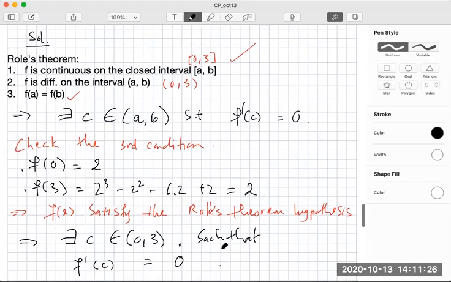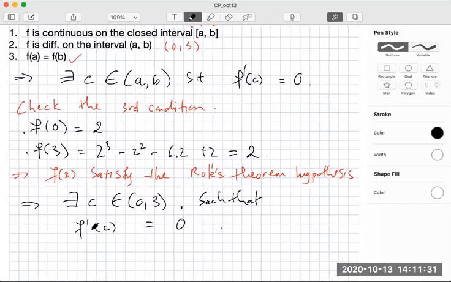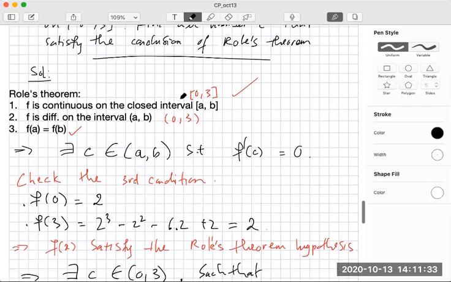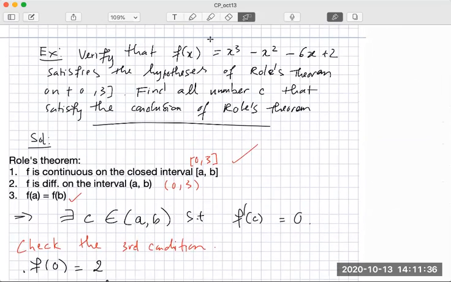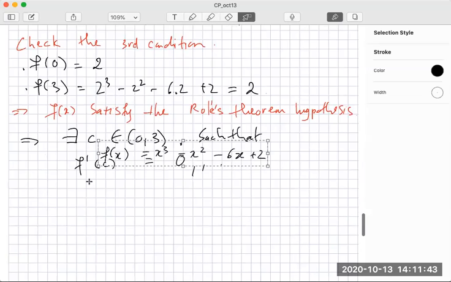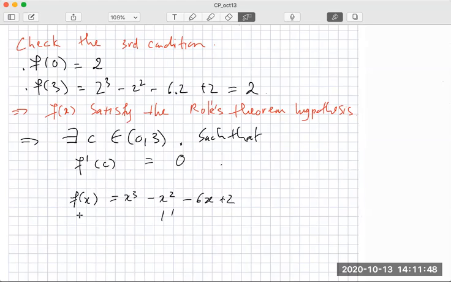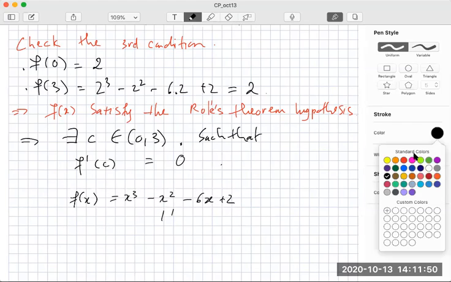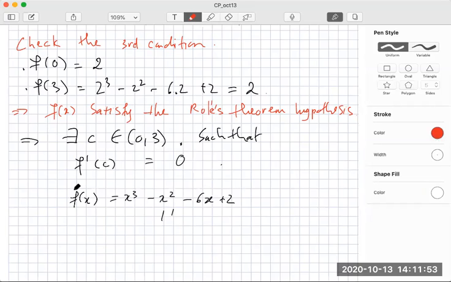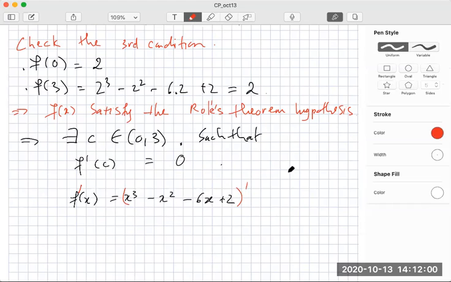Again, please. We need to find f prime of C, right? And f is given here. Yeah, find the derivative. We have it here. So therefore, the derivative of this guy will be the derivative of these. And what do we have?